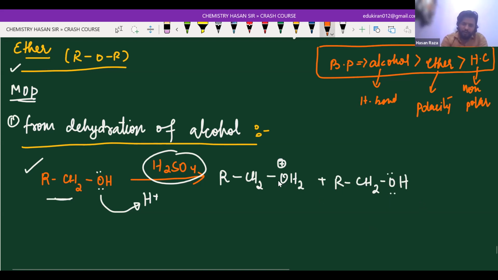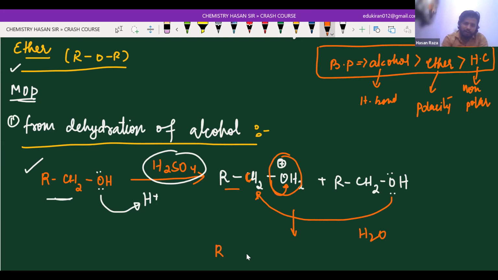The positive charge on oxygen is very less stable, so it will take electrons, and there will be a deficiency of electrons on this carbon. So this again will attack here. First of all, this will be eliminated in the form of H2O, and then I'm going to write RCH2, and this oxygen, you can see OH, then CH2, and then R, this part.